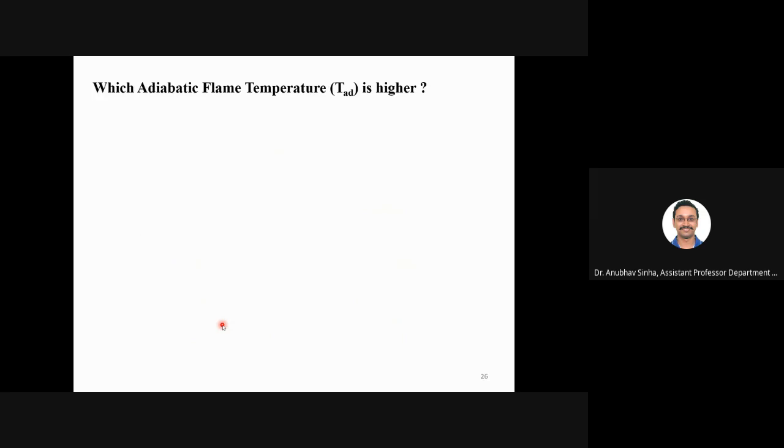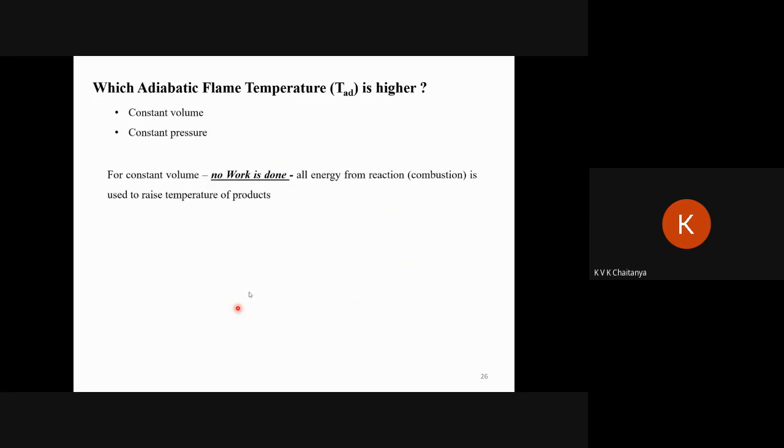So next question, which adiabatic flame temperature is higher? Constant volume or constant pressure? Volume. So for constant volume, there is no work involved.